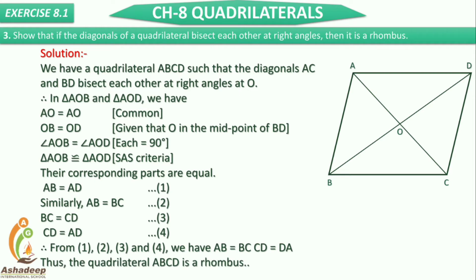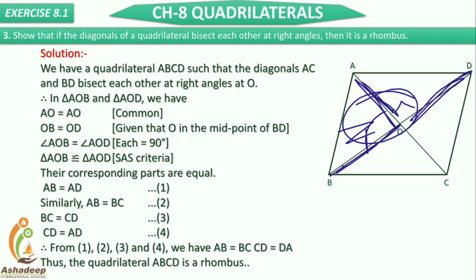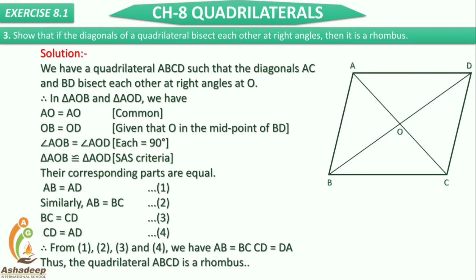Simply what we need to do here is take any two adjacent triangles and prove that they are congruent. So here we'll take these two triangles. BO is equal to OD, AO is a common side, and angle O is equal to 90 degrees. So by side, angle, side, both triangles will be congruent.